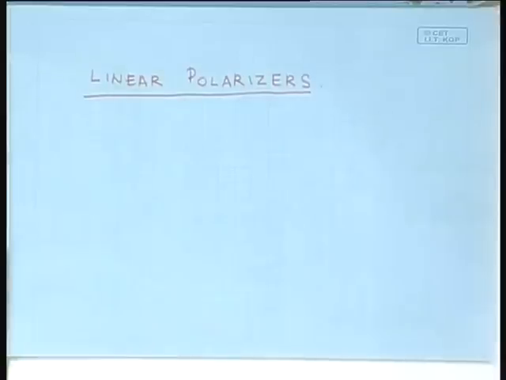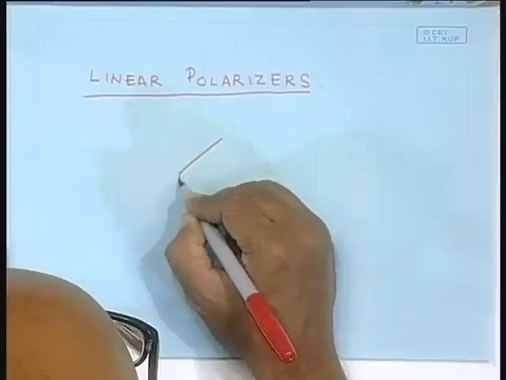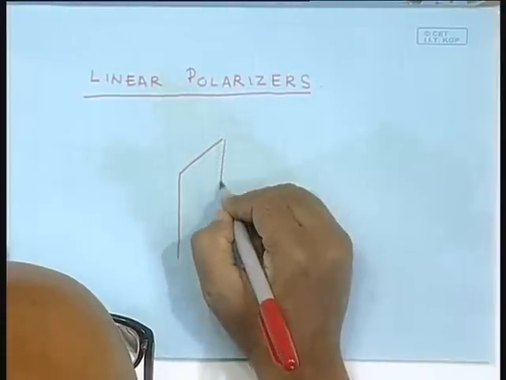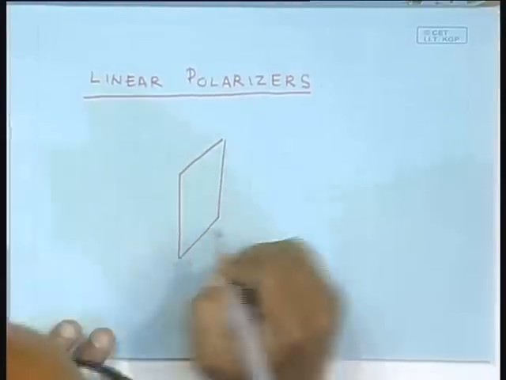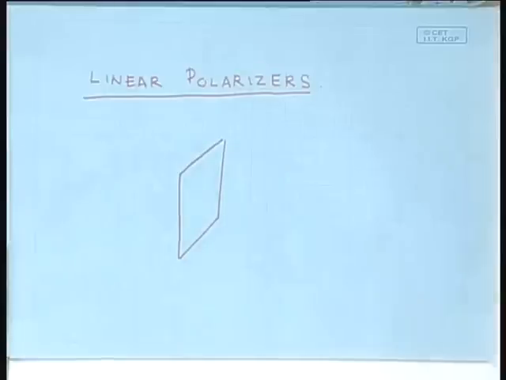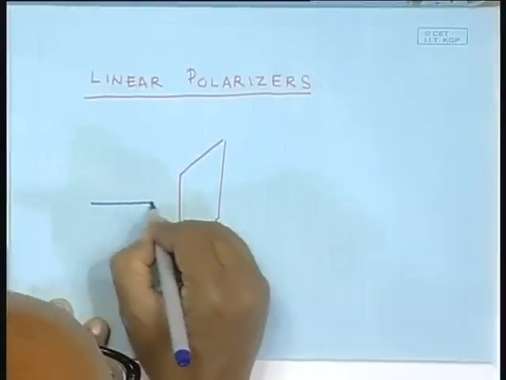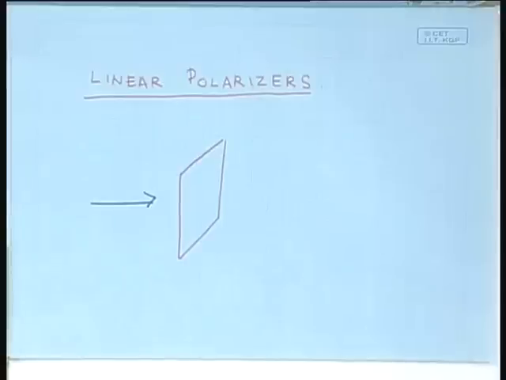Let me tell you again what a linear polarizer is. A linear polarizer is a device where if I send in natural light, the light that comes out is going to be linearly polarized. If this is a linear polarizer and we are sending in radiation like this, it has two axes which are mutually perpendicular.